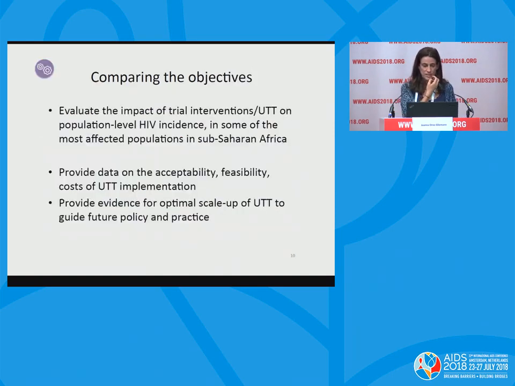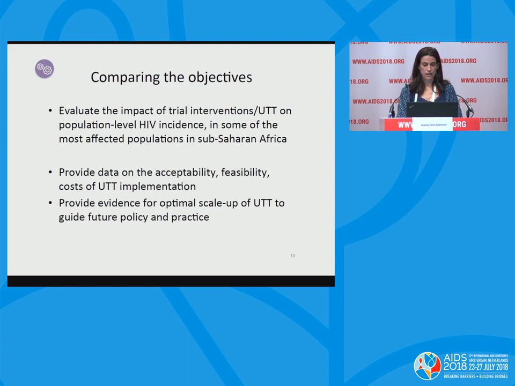In terms of objectives, obviously each trial had a specific way of formulating its aim and specific objectives, but what was common to the 4 UTT trials was their global aim to evaluate the impact of an intervention package around universal test and treat on HIV incidence at population level.